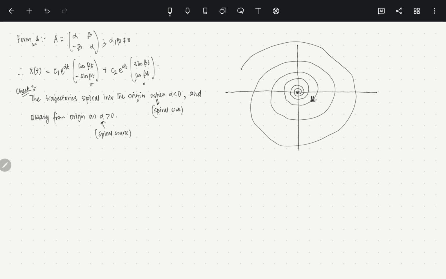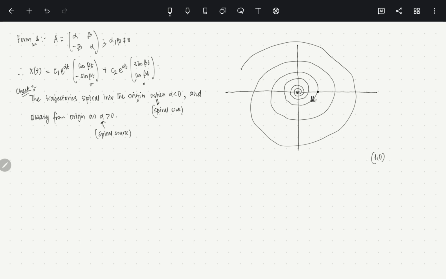So what you do is this: let's say you take a point on this plane. Let's just call it a point. If you are putting it at x of t, alpha and beta matter here.